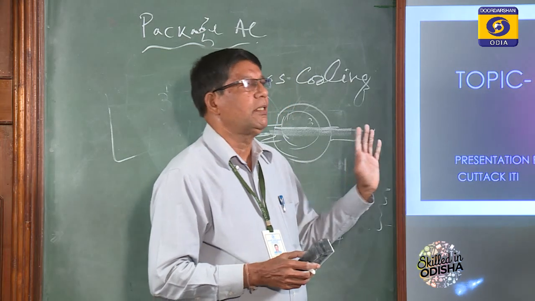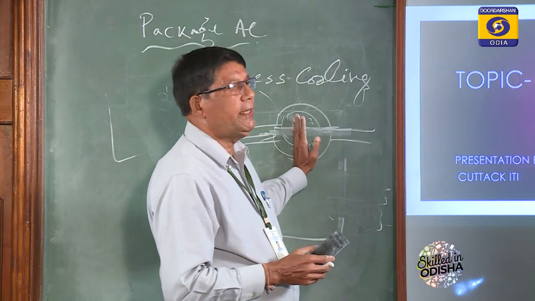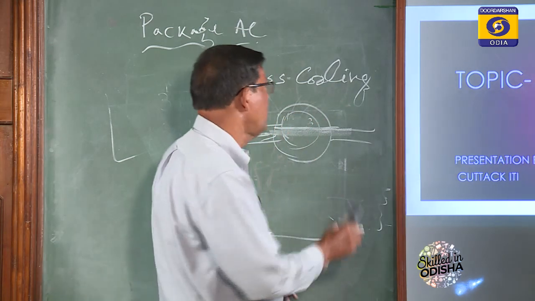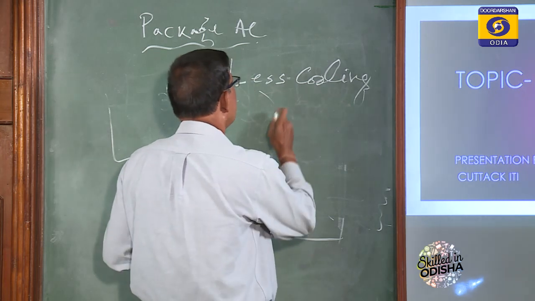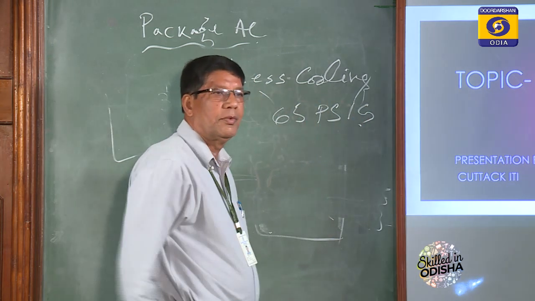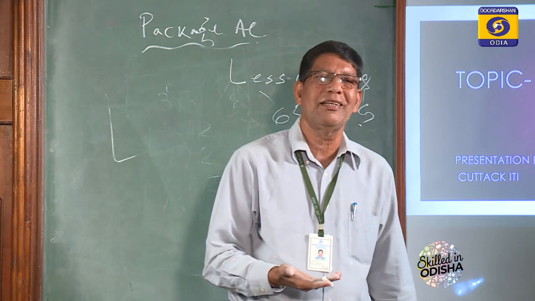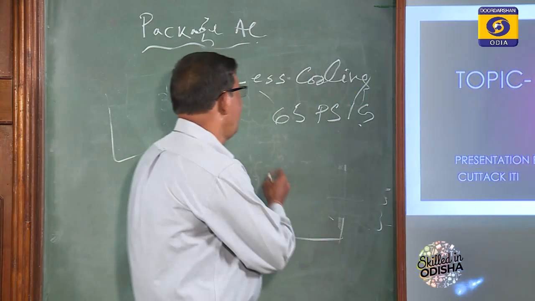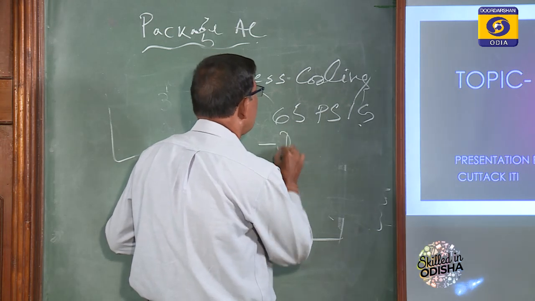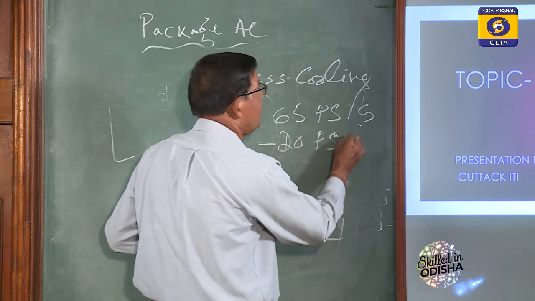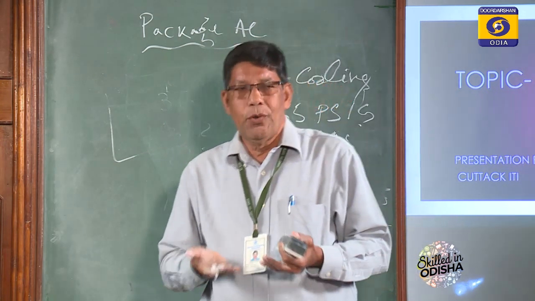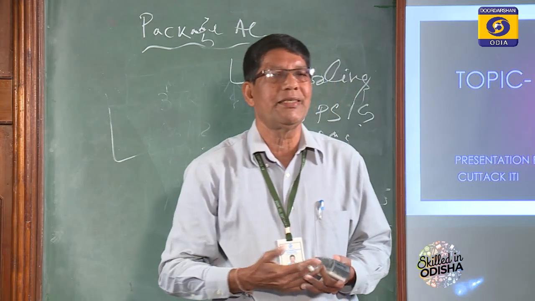Suppose the package AC uses R22 refrigerant. Its suction pressure is 65 psig. If there is less refrigerant, when the pressure comes down to 20 psig, the low pressure cutout in the control system will cut off the circuit.